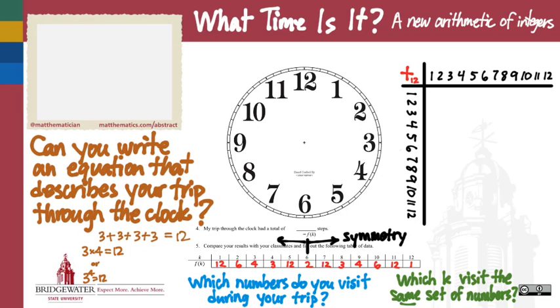Okay. Can we express that symmetry using a formula? 5 and 7 correspond. 4 and 8 correspond. 2 and 9 correspond. How are those corresponding elements related?